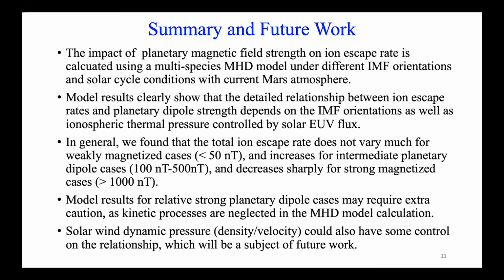Okay. So could you please comment on the general limitations of the fluid approach at the topside ionosphere and magnetosphere? Yeah, that's a good question. The limitation of the fluid approach, of course, is that we assume all the plasma follows the magnetohydrodynamic model.